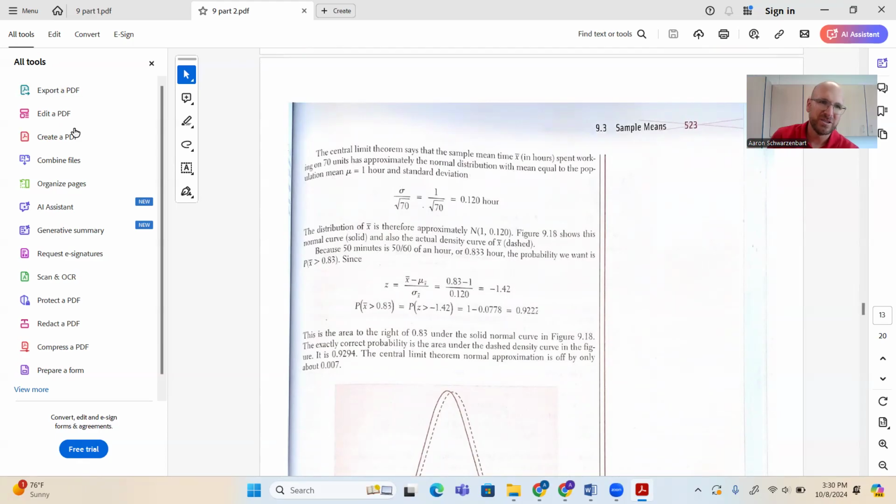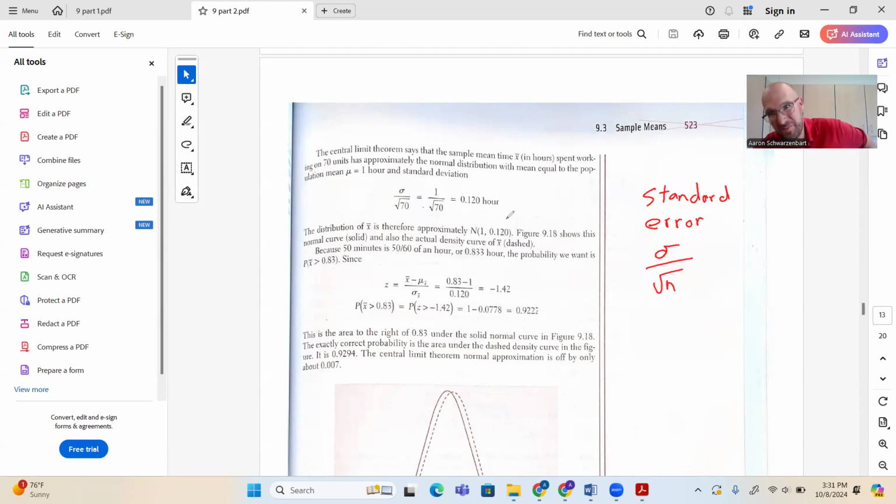We need to talk about what's called the standard error. I apparently did not scan this little section of the book. The standard error is sigma divided by the square root of n, n being the sample size.